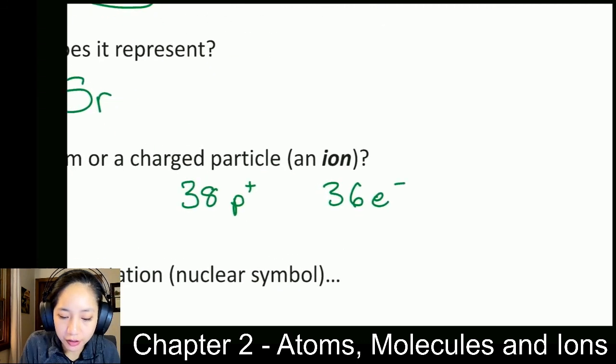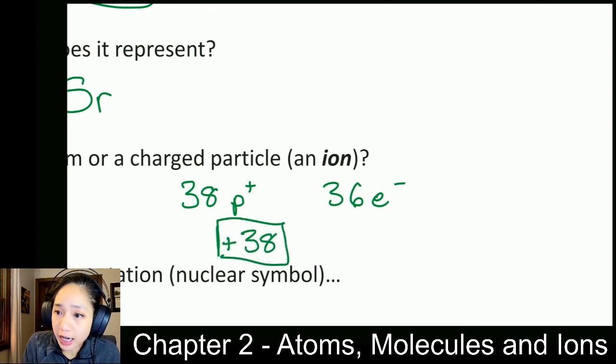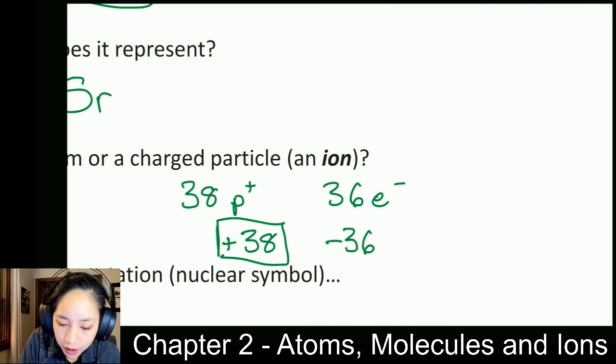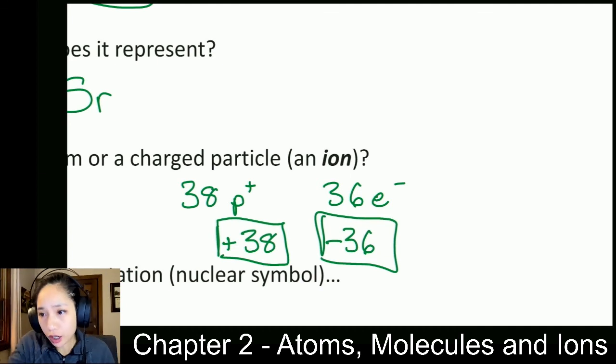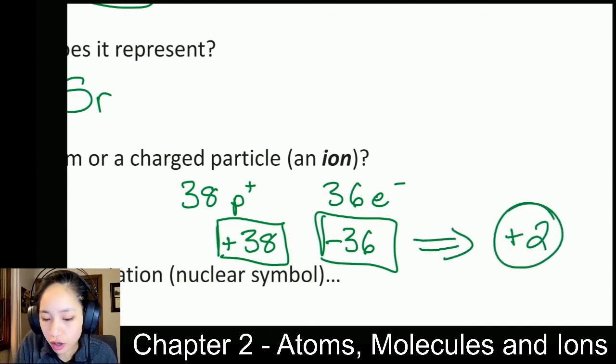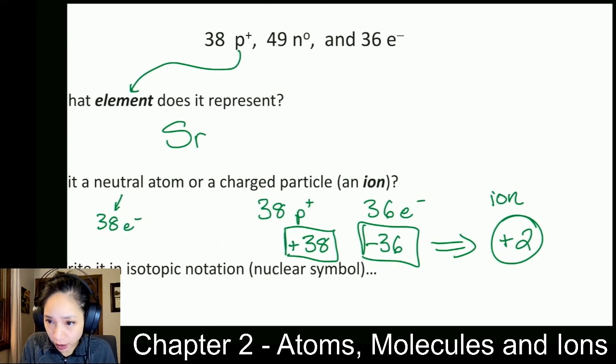Think of each proton as a positive charge, so we have a positive 38. Each electron has a -1 charge, so we have a -36. Bringing those together, there is an overall +2 charge. So this would be an ion, because its overall charge is +2.